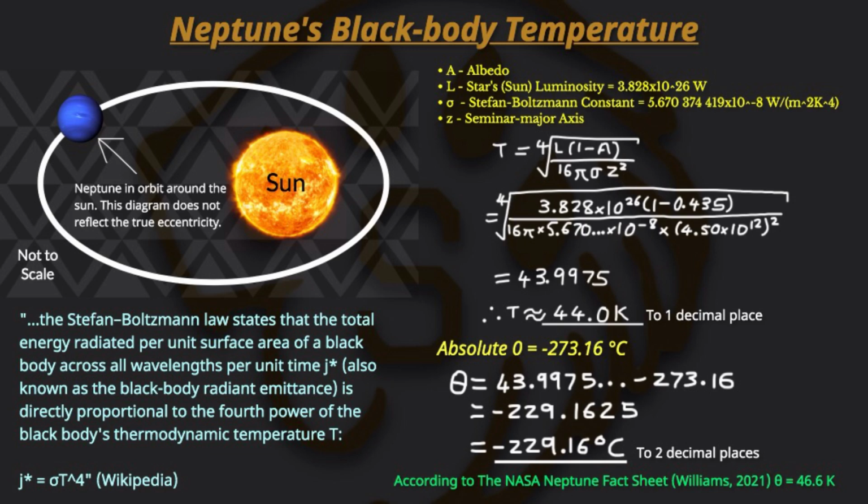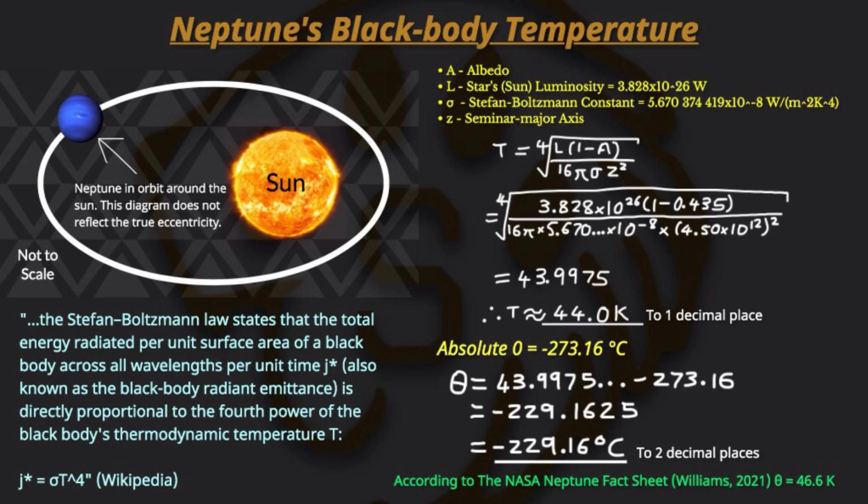So we have our albedo, so it's now easy for us to calculate. So our formula is there. T is equal to the fourth root of L, which is the luminosity of the star on which the planet is orbiting around, which is the sun in this case, and we see the values there in watts. Watts is based on luminosity, like the power of the emitted light.